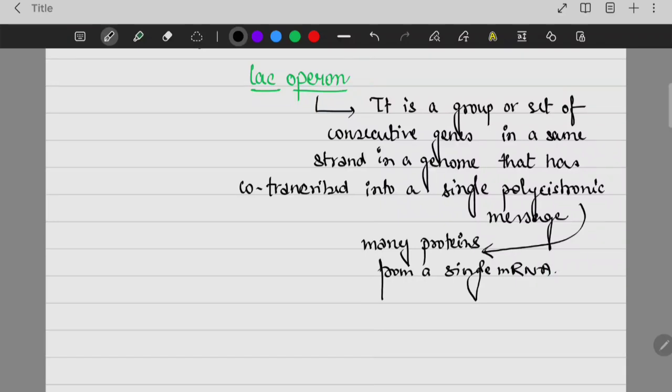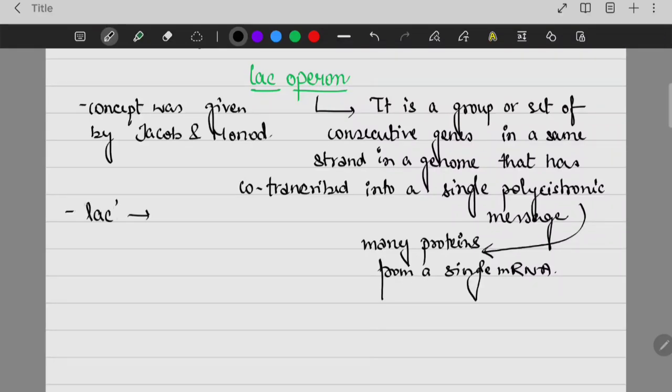This concept was given by Jacob and Monod. Now here the lac means lactose. Thus the lac operon we are discussing here is the metabolism related to lactose in a lactose tolerating bacteria.